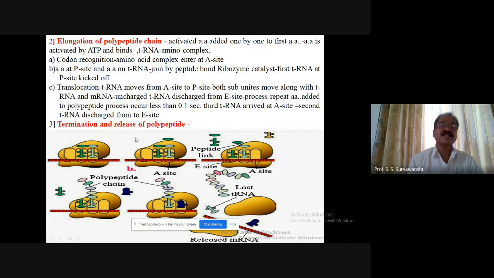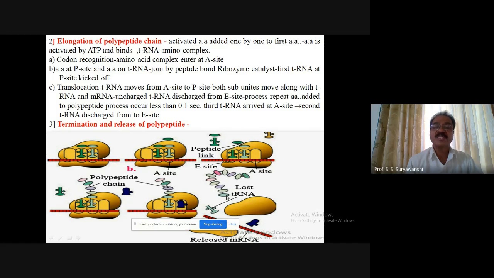It starts with the initiation of the polypeptide chain, then the elongation of the polypeptide chain, and then the termination and release of the polypeptide. The two units of the ribosome get separated from each other, and this polypeptide chain now acts as a protein. So this is protein synthesis.